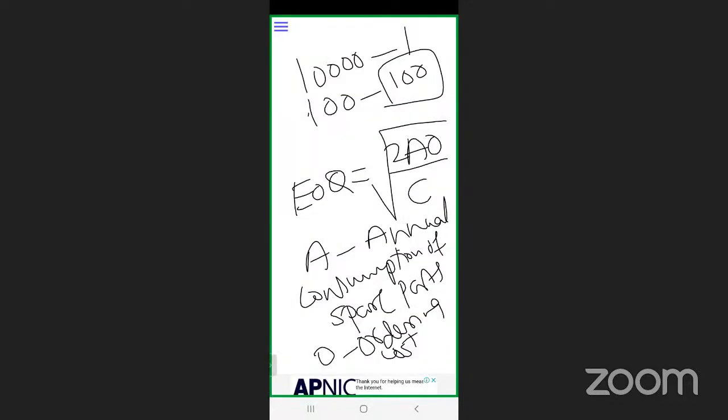The more units I'm insuring, the more insurance charges I'm paying. So C is the cost of storing one unit for an entire year. So the formula for EOQ is under root of 2AO by C.